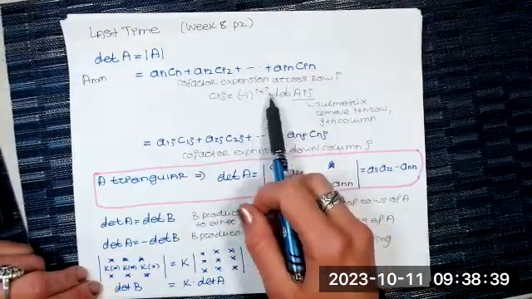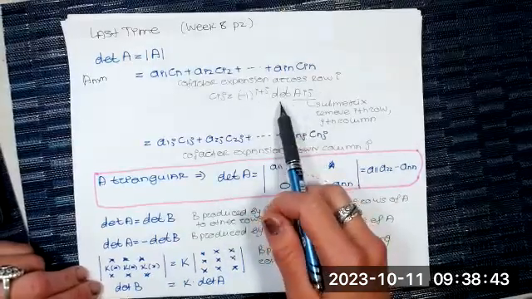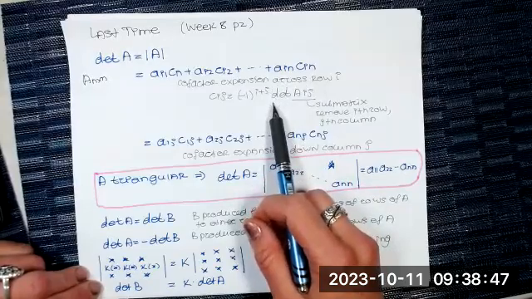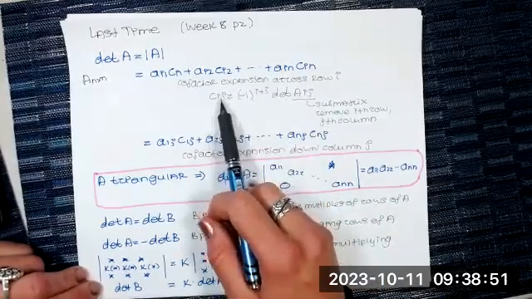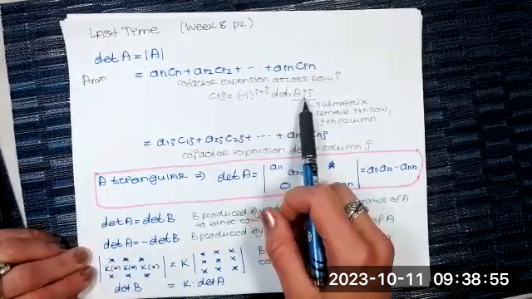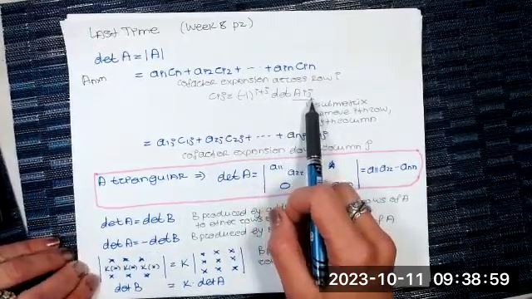The other component of the cofactor is the determinant of the submatrix obtained by removing the ith row and jth column. So for cofactor ij, you're looking at the determinant of a smaller matrix where you took your matrix A and removed the ith row and jth column.